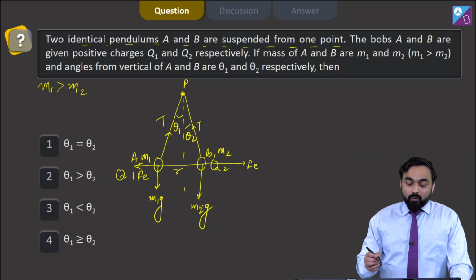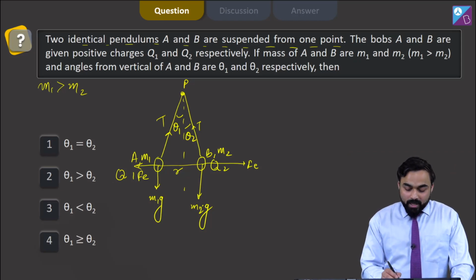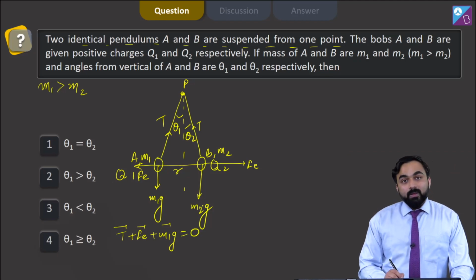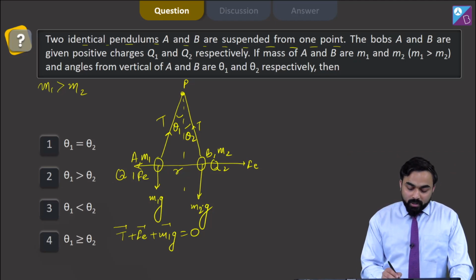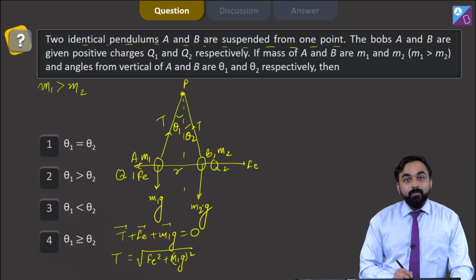Clear? So when theta 1 is equal to theta 2, for the balance condition, I can write that vector T plus Fe plus M1G is equal to 0. Also, the angle between Fe and M1G is 90 degrees. Therefore, T can be written as under root Fe square plus M1G whole square.